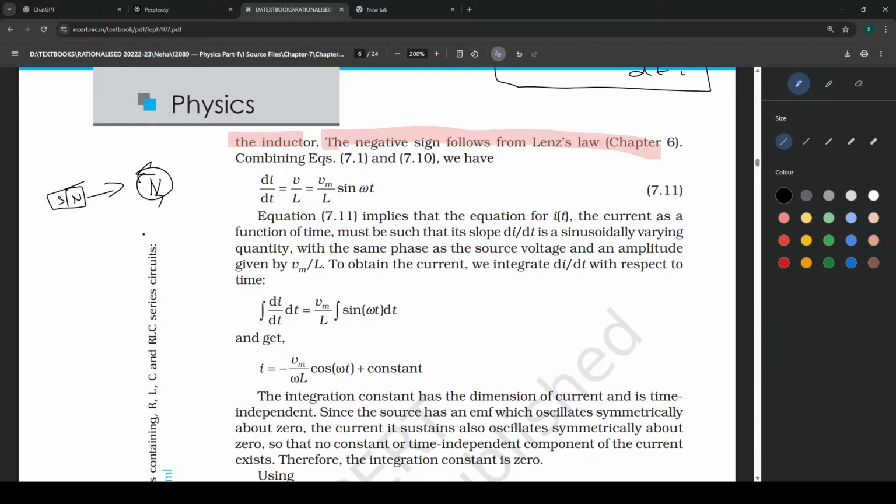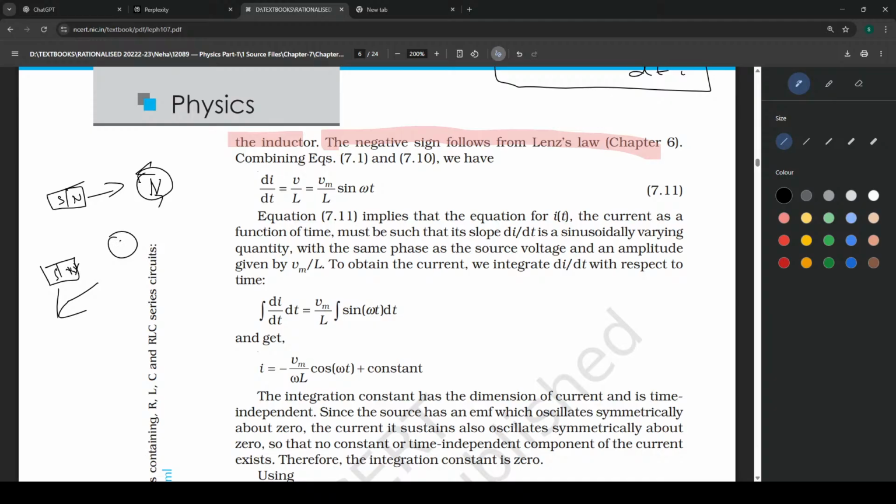And if we are taking a magnet away from the loop, this is the north of the magnet. If we are taking it away, here as well there is a change in flux, and it needs to oppose the change in flux, due to which it needs to stop this magnet from moving away.